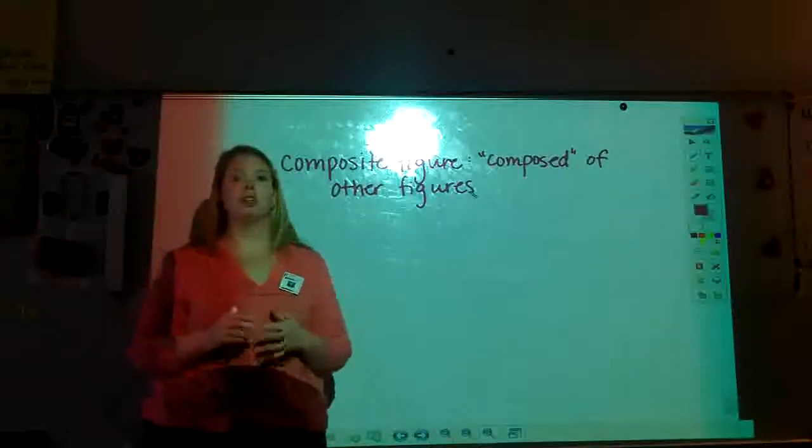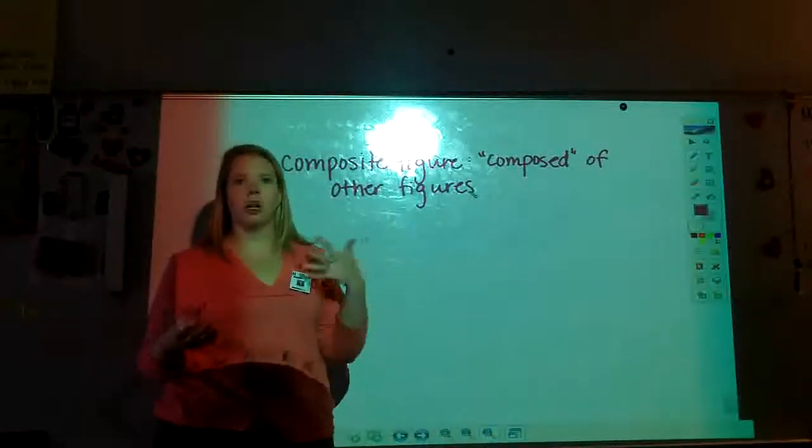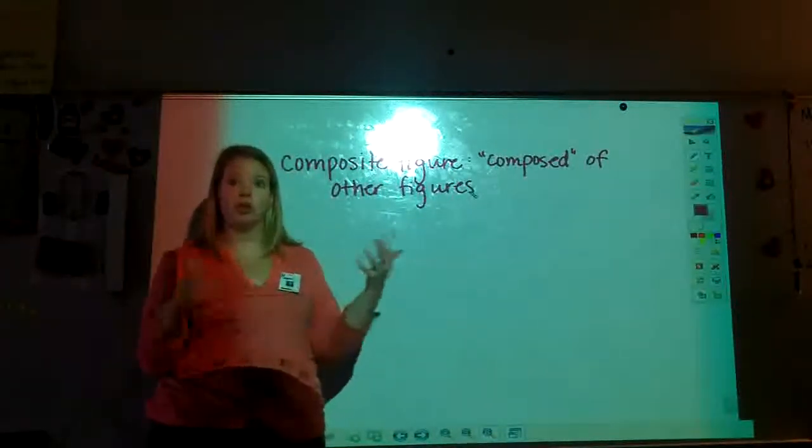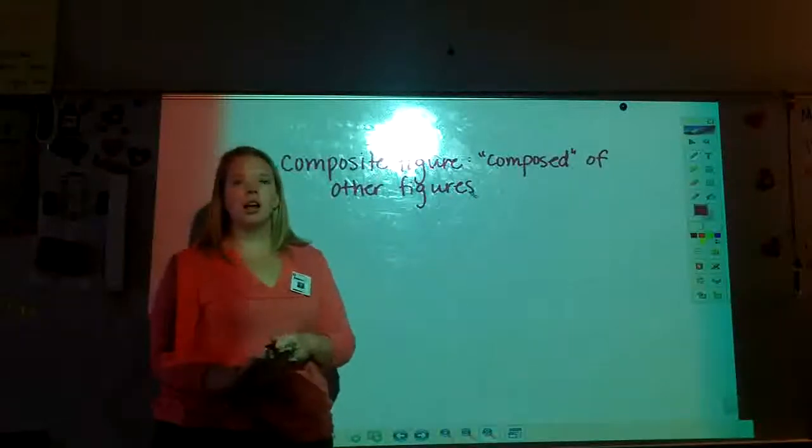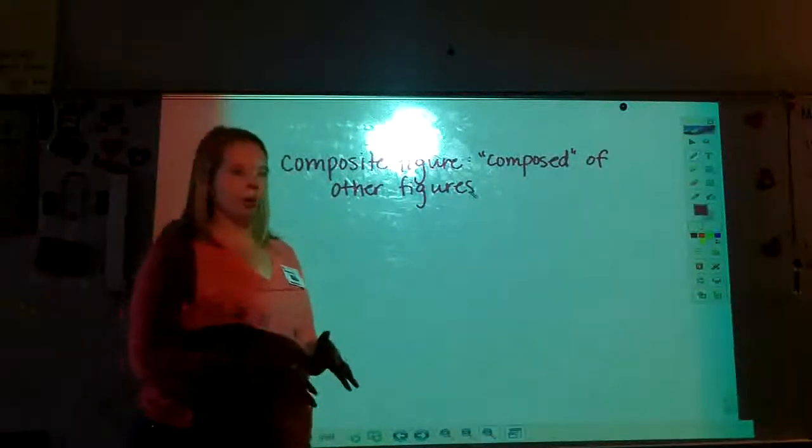Once you figure out that these larger figures are actually just simpler figures that are combined together, it's a lot easier to find their area and perimeter.